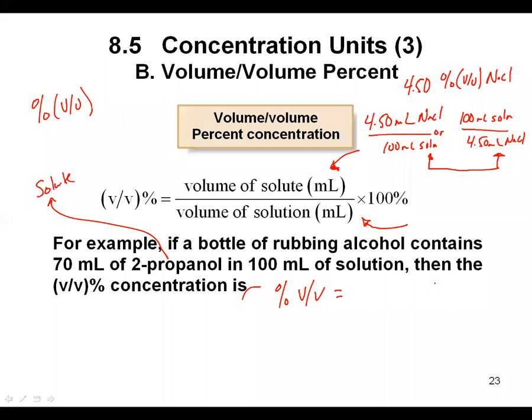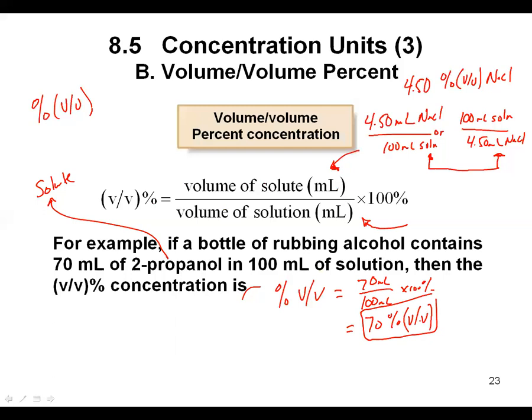Remember, the solute is a smaller part of the solution, right? Times 100%. And if we do that, 70 divided by 100 times 100 gets us 70% rubbing alcohol or isopropyl alcohol. And we would typically leave it like this, with the percentage as the units at the end. Any questions on that there?